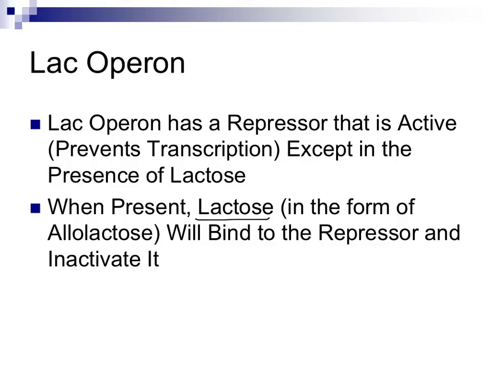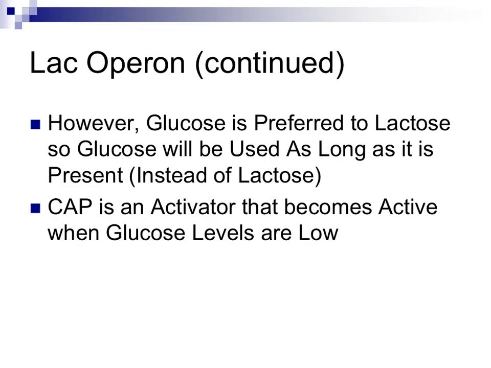Again, allolactose is a version of the lactose, and here we can use them kind of interchangeably. Now, lactose is a little bit different as well. It's a little more complicated operon.